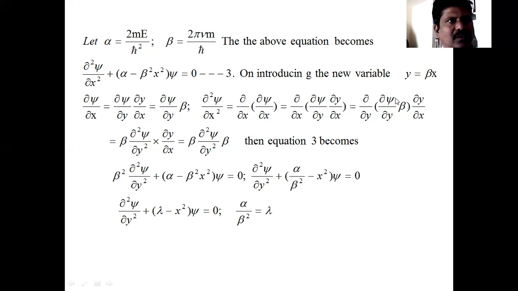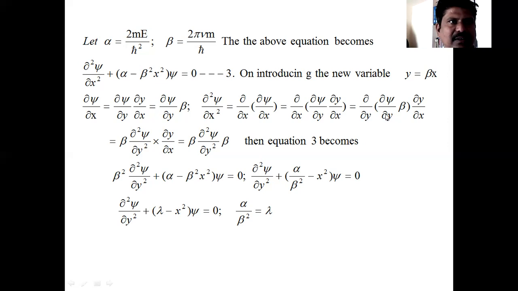This one, you don't write this. So you want to put it directly. So ∂y is taken outside, so inside that you are getting ∂ψ, ∂x is there.